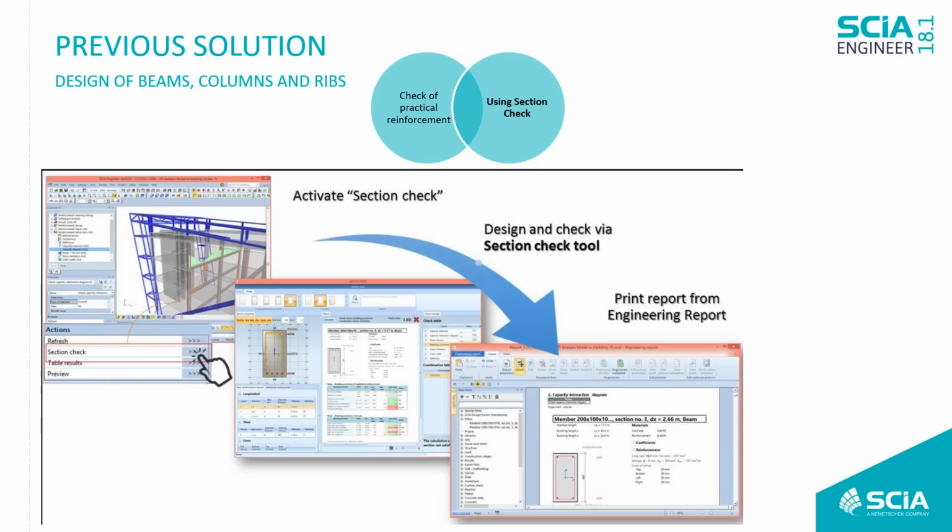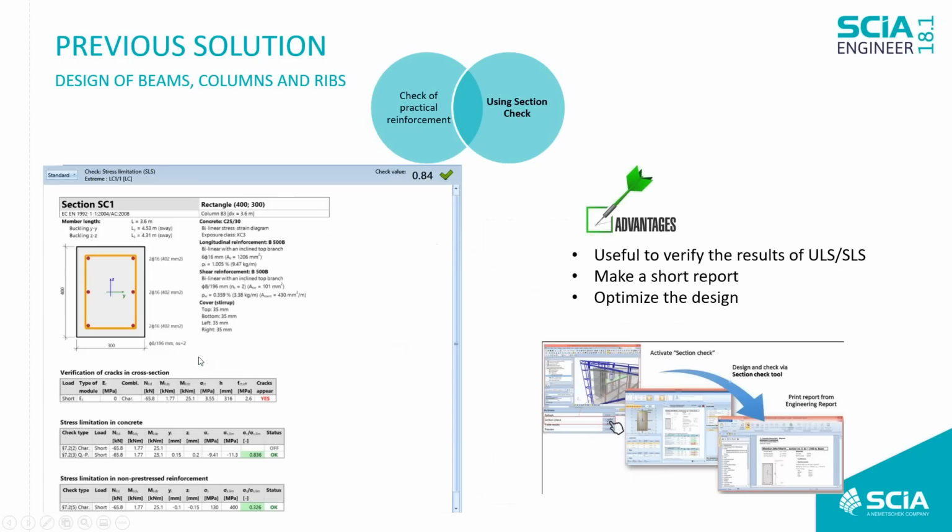Modeling the rebars, modeling the reinforcement, will take time from me. This is not practical. I need something else. And for that reason, we have section check, where the workflow is quite easy. Just select the member and then select the point where you would like to do the checks. And then you will have all the ULS and SLS checks together.